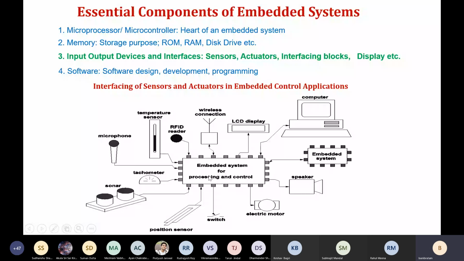This interaction can happen through sensors, actuators, and different types of interfacing blocks. Here you can see clearly the embedded system, with different sensors, actuators, connections, and displays interfaced with it.